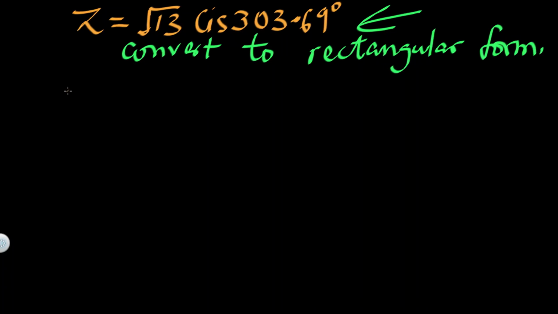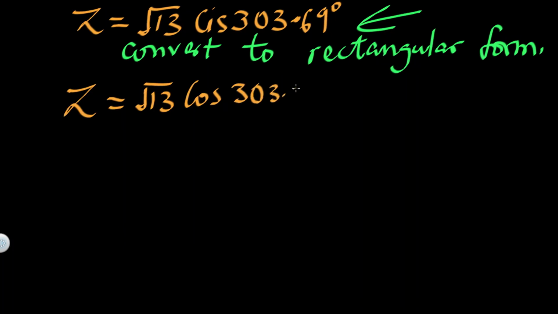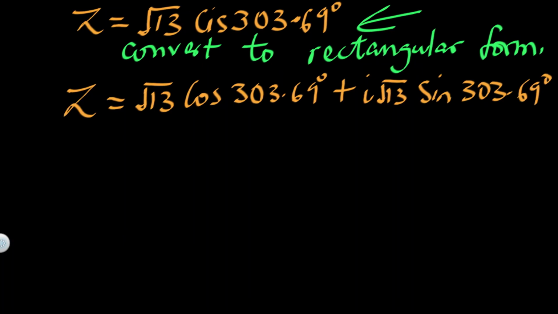So the first thing that you need to do here is to write it in the other version, so this is like z equals root of 13 cosine of 303.69 degrees plus i root of 13 sine of 303.69 degrees.